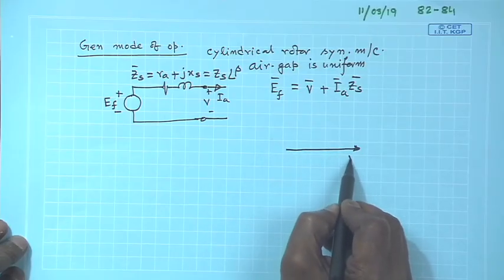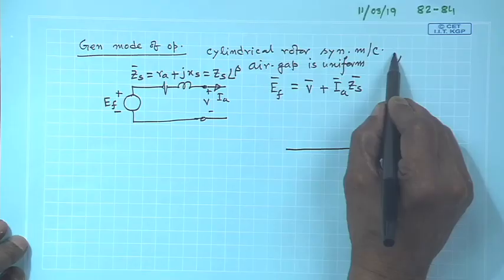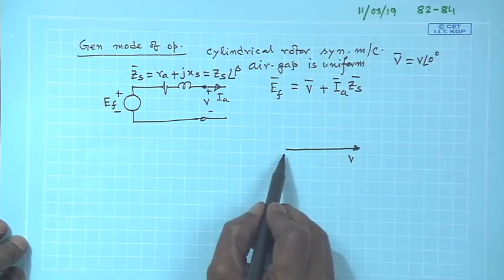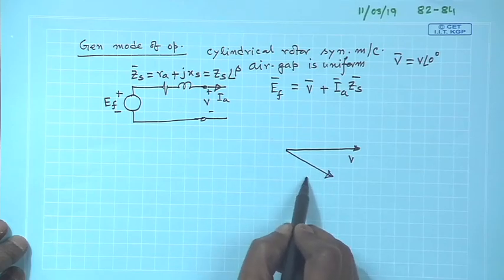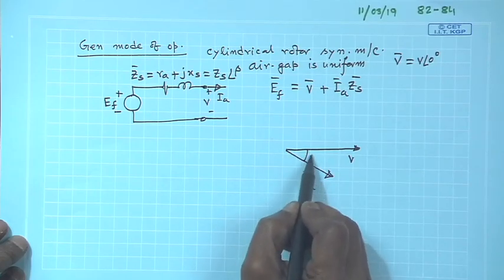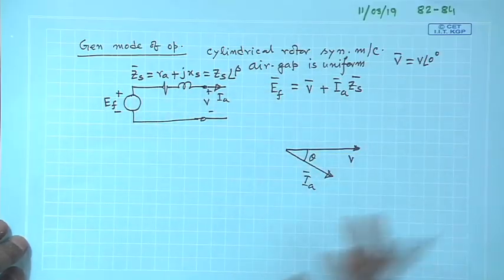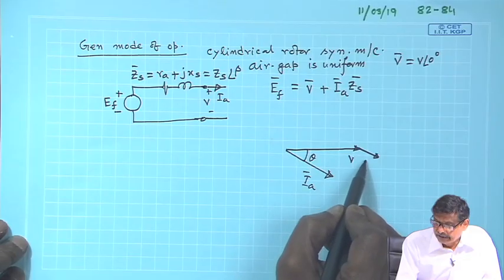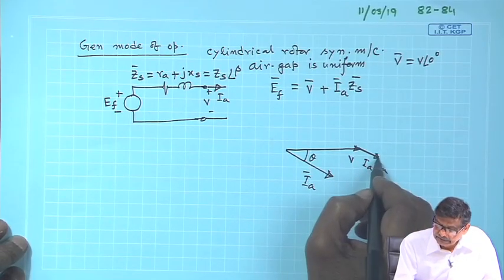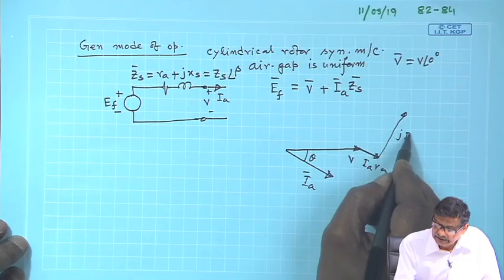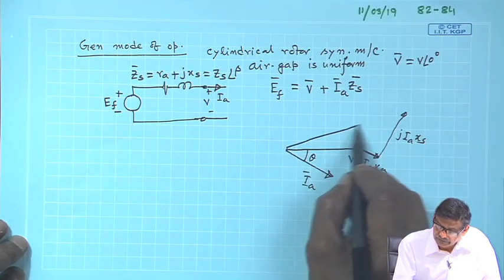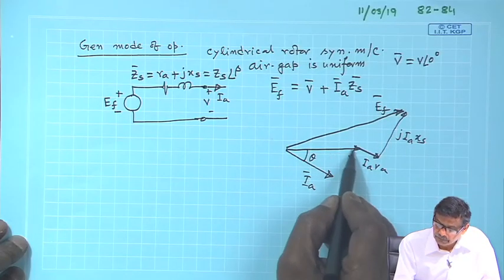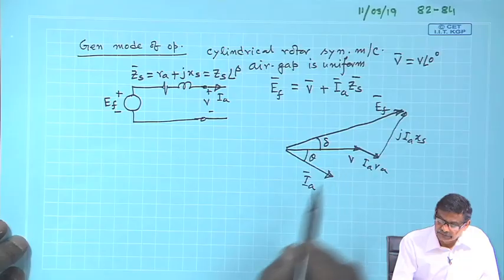We did this last time very quickly. The terminal voltage is generally taken as reference, V angle 0 degree, and suppose it is supplying a lagging power factor load I A. This is the power factor angle at which the generator is operating to the external world. Adding I A R A plus j I A X S gives you your E f, and in generator mode of operation, E f will always be above V, and this gives you delta.